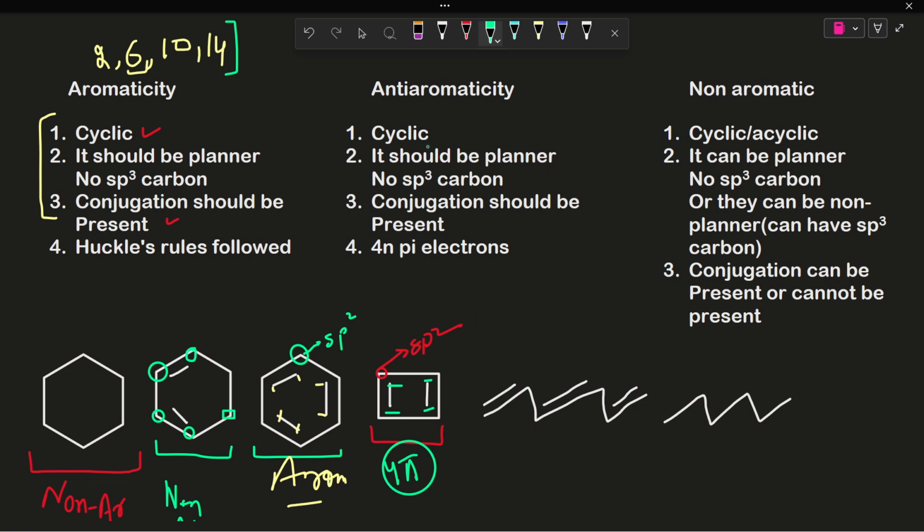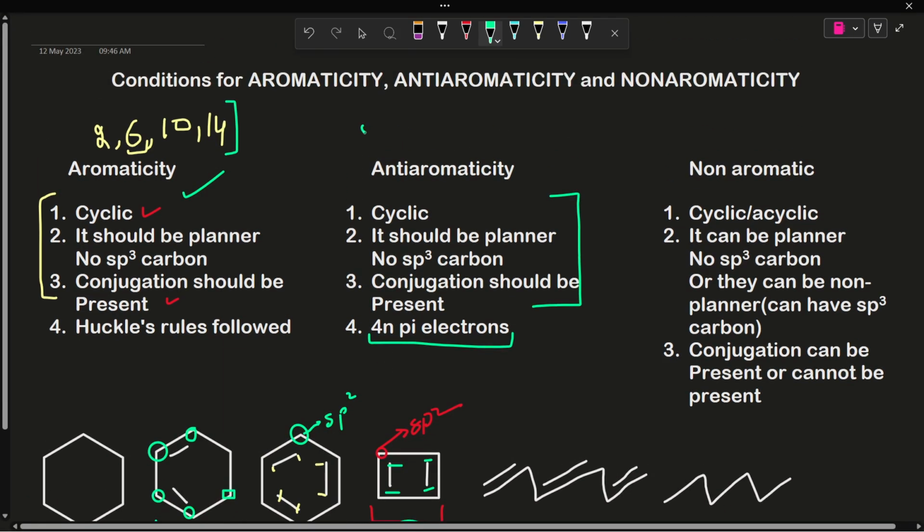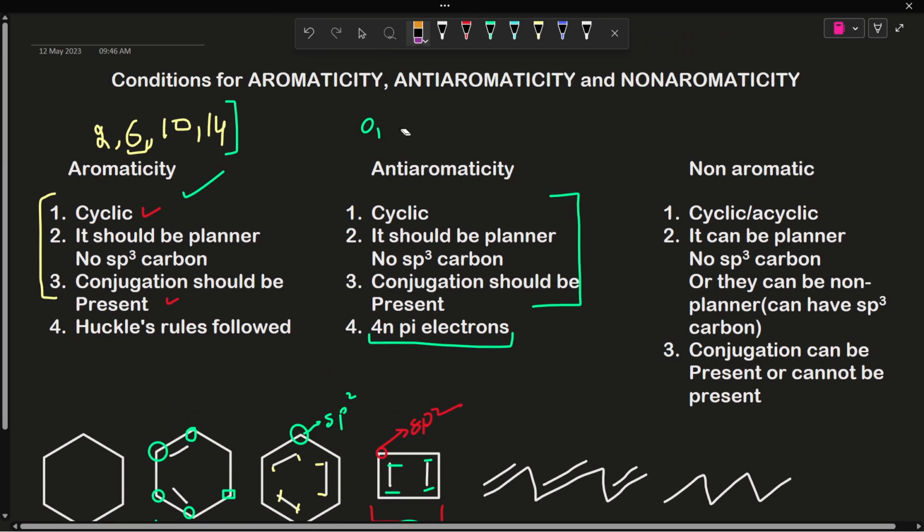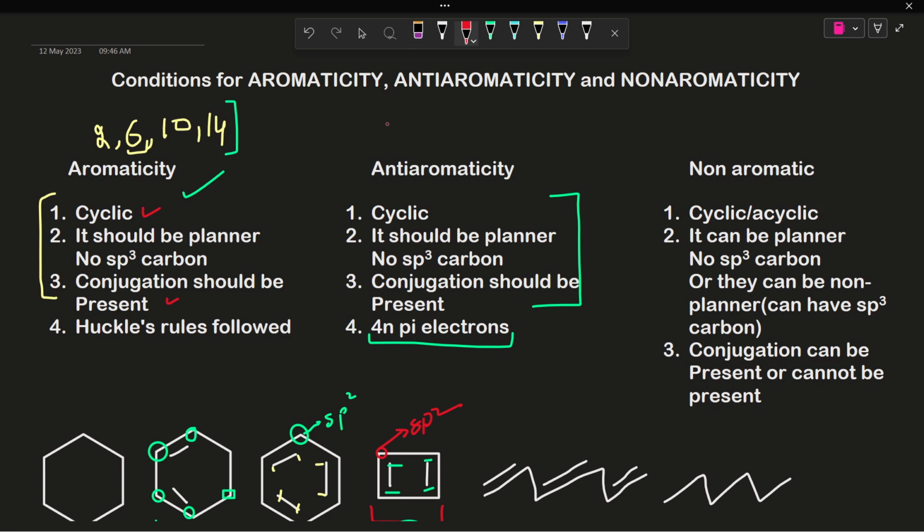As I told you, for antiaromaticity, the first three rules are the same as for aromaticity. But the last rule varies. What is that? It should have 4n electrons. It can have 0, but practically 0 is never possible, because if there is conjugation, then there will be pi electrons. So 0 will not practically be there, but it should have 4n. If n is equal to 0, then 0.